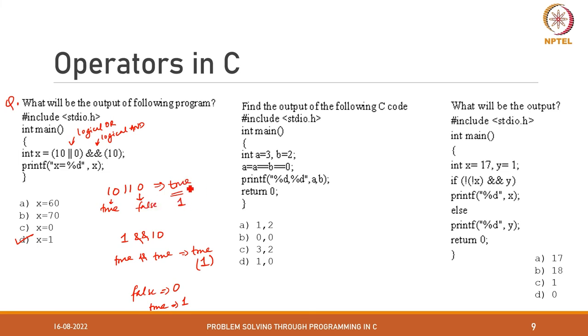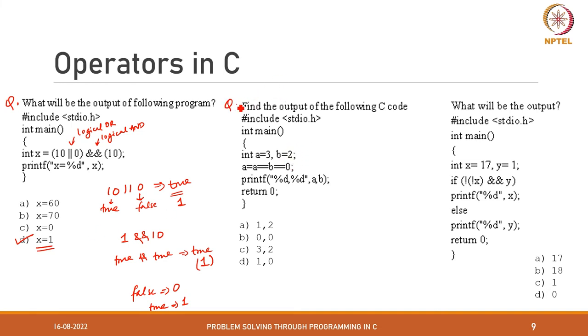However, if you convert a true value into some integer or float, then it will take only 1. It will not take any other integer like 5 or 10. It will take only 1, because in binary true is 1, false is 0. Okay, so here x will be 1.